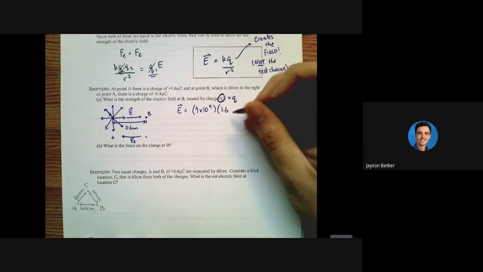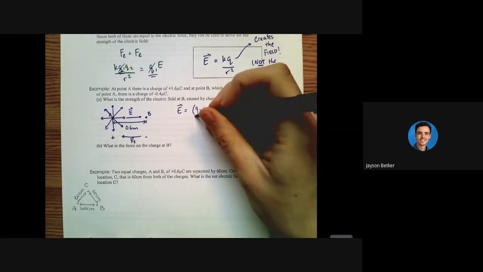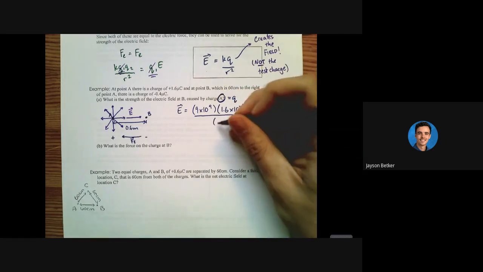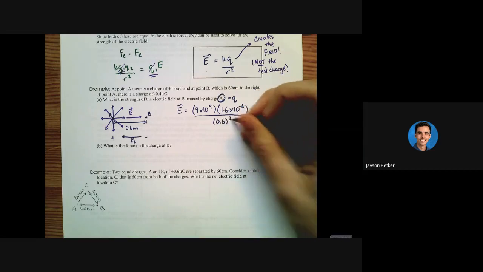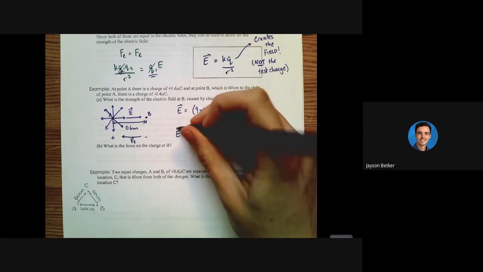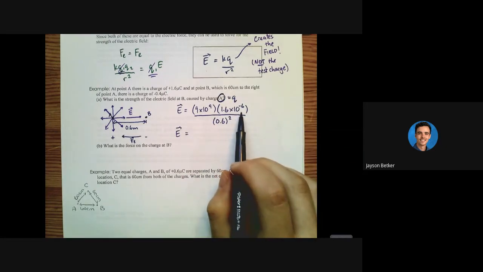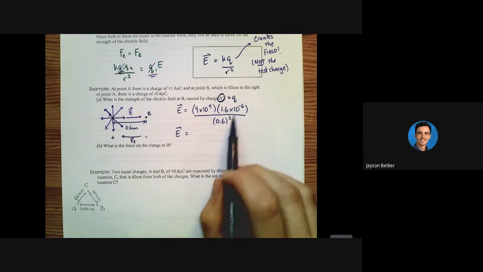What's micro? Times 10 to the negative 6 is micro. Divided by R squared. And R squared is 0.6 squared. So there you have it. A couple tricky things that you need to remember there, right? It's always the charge that's causing the field, that's creating the field, okay?